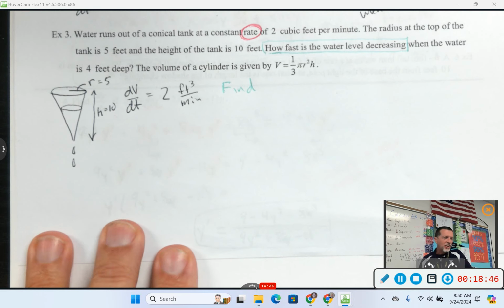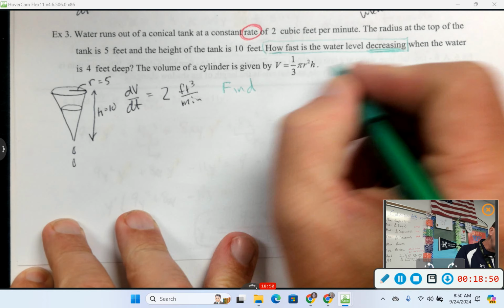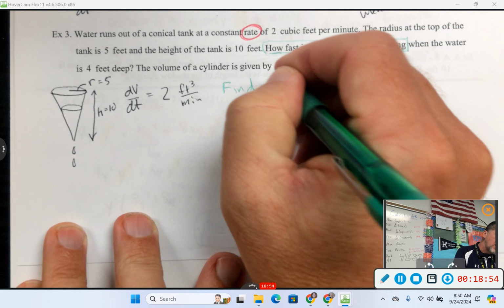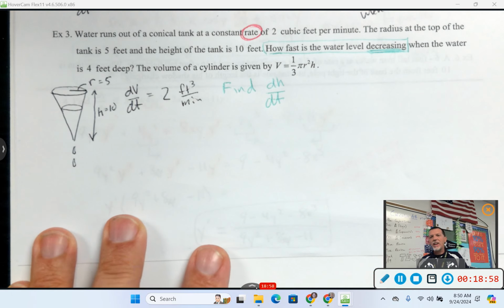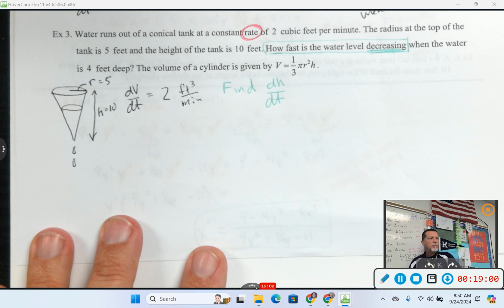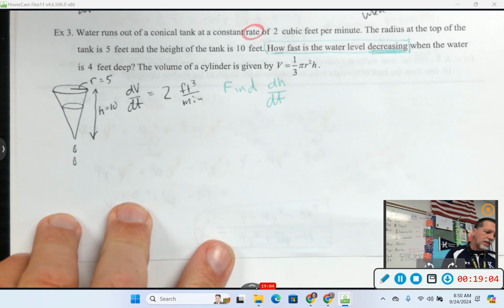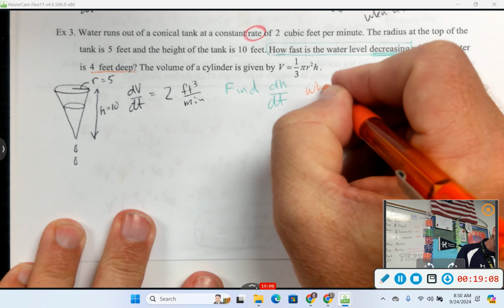So the decreasing part means I want to know how the height is changing. So let's find dH/dt. It will be feet per second when we get there. So I want to find dH/dt when h equals 4.